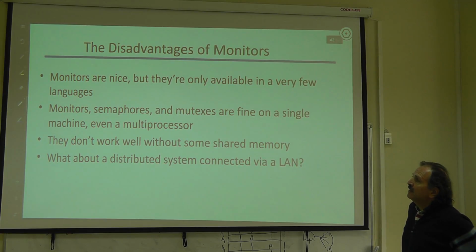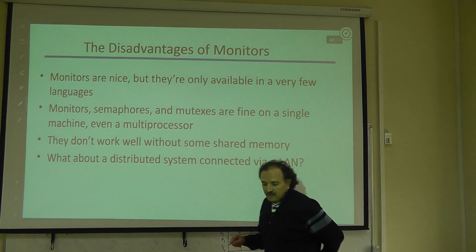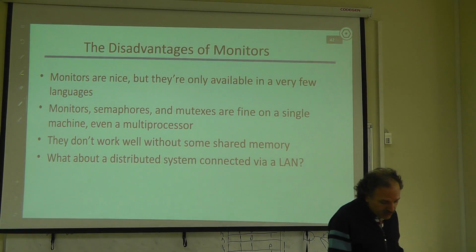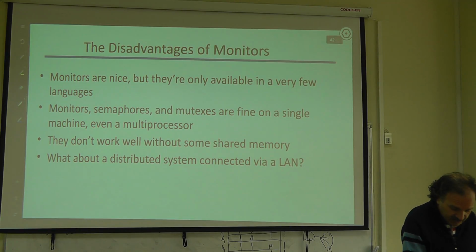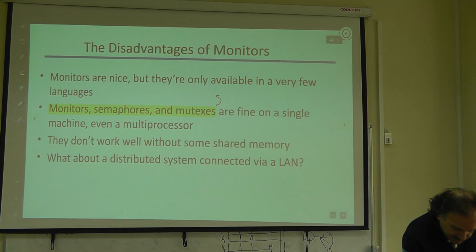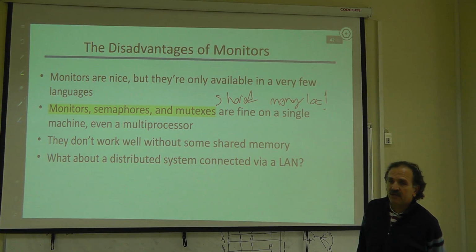And monitors, semaphores, and mutexes are all fine on a single machine, even on a multiprocessor. They work fine, but they are all good for shared memory locations. Okay, so these are monitors, semaphores, mutexes. They are all mutual exclusion of the shared memory locations, which is fine for multi-threaded applications.